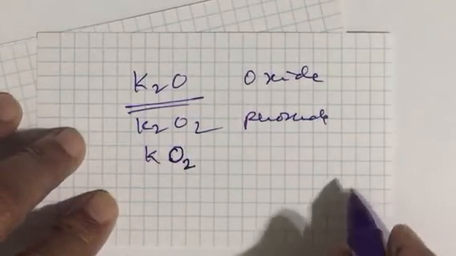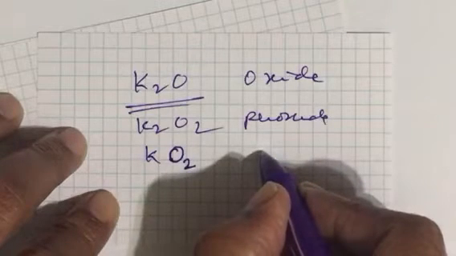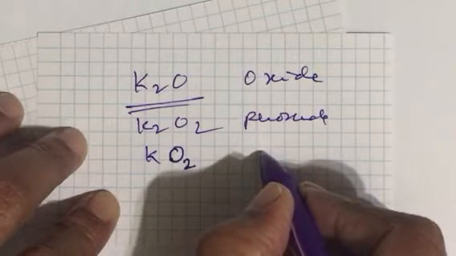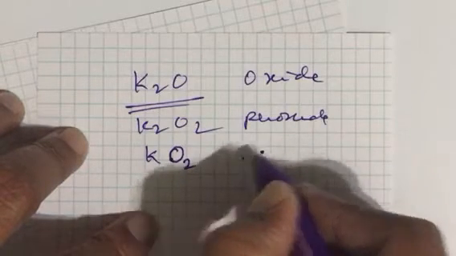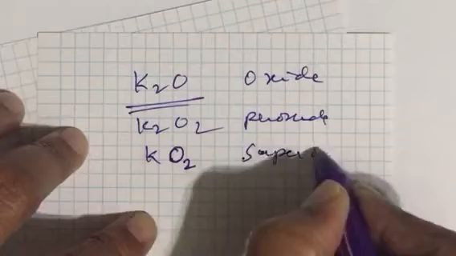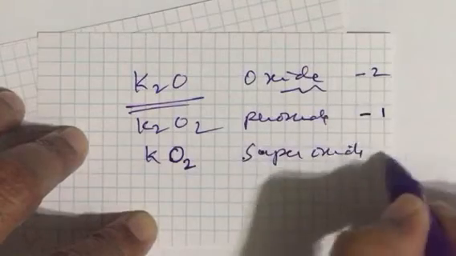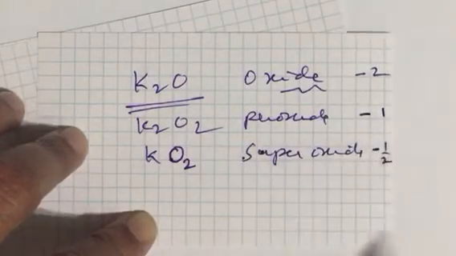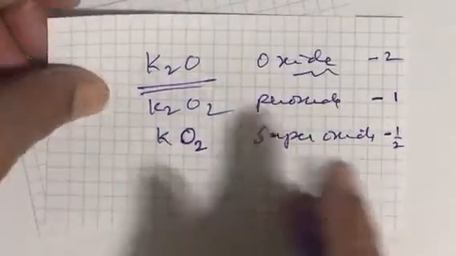In superoxides, oxygen is -1/2. In ordinary oxides, oxygen is -2, in peroxides -1, and in superoxides it is -1/2. So these are the exceptions for behavior of oxygen in several compounds.